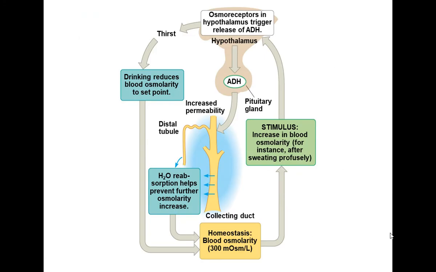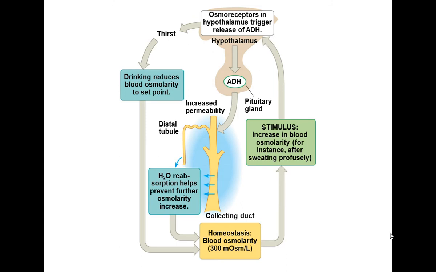So, again, why would you have an increase in blood osmolarity? Maybe you went for a 5-mile run and you were sweating a ton. And so, as a result, your blood has lost water, and we need to take water back in. Osmoreceptors in the hypothalamus are going to cause ADH to be released from your pituitary gland.